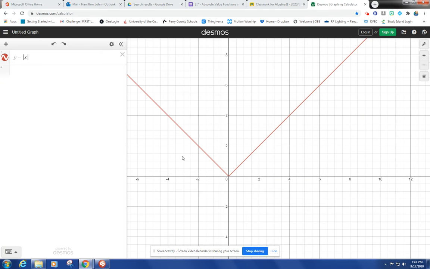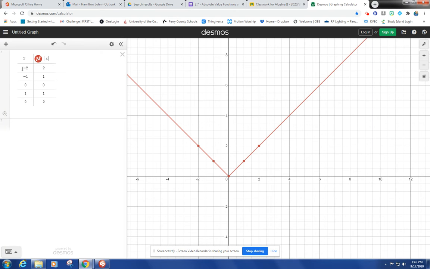Okay, so when we're talking about absolute value, we know that absolute value is distance from zero, and we know that distance from zero can never be negative. So it makes perfect sense why, if I do the graph of y equals the absolute value of x, I'm going to have positive values. This will make a little more sense if we look at some points along this.